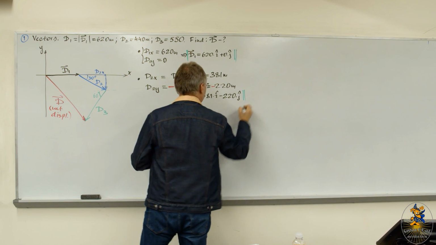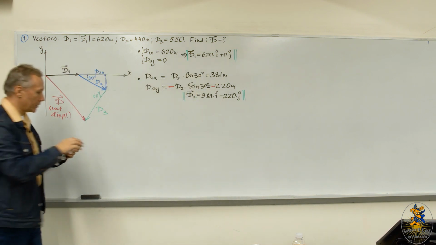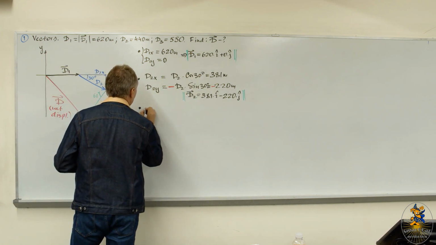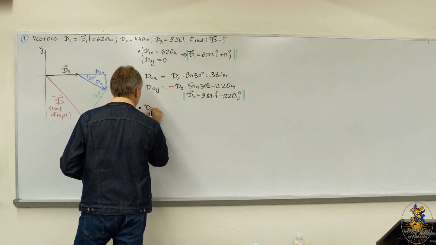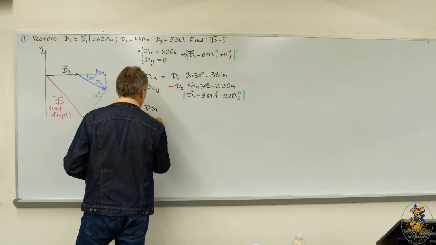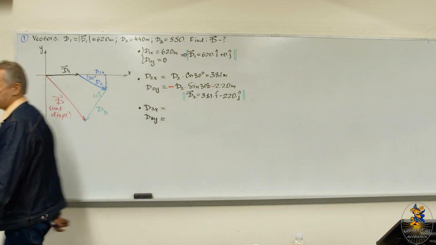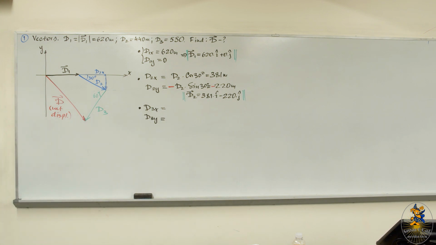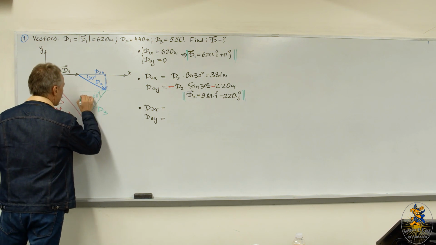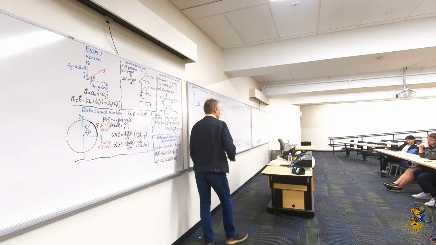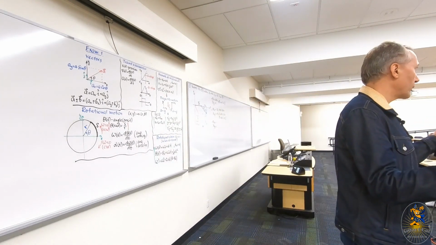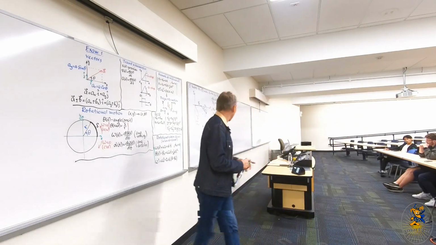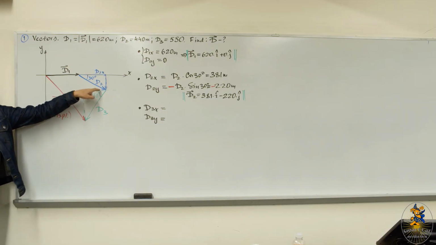Now the second vector. And now the last one, the third bullet. So D3x and D3y. The x component, obviously it's this. Again, the cosine function must be used because we are trying to find the side which is adjacent to the angle. You see, 60 degrees, and this side is adjacent.